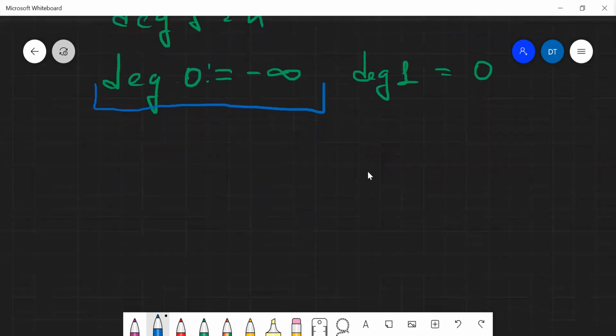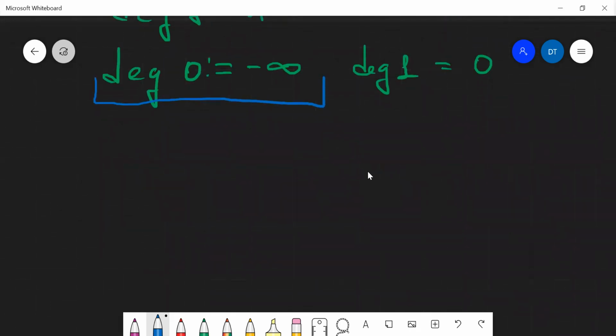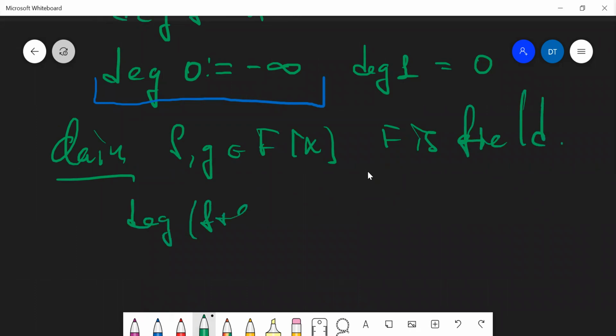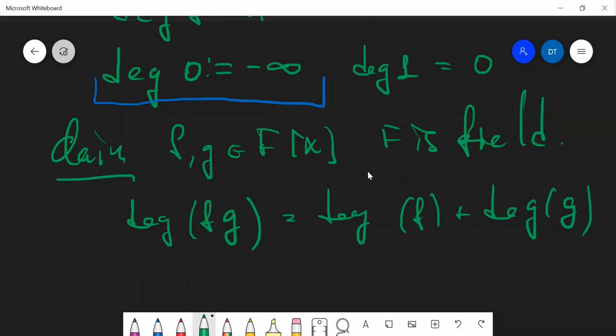And now there is one simple property of the degree. If we have two polynomials f and g, and F is a field, then the degree of the product is the sum of the degrees.